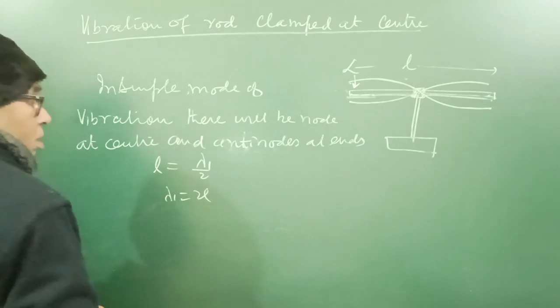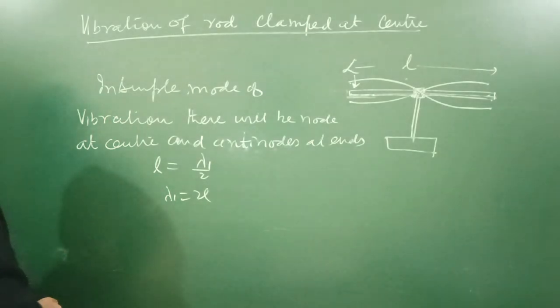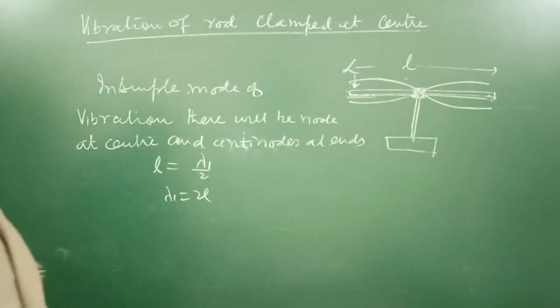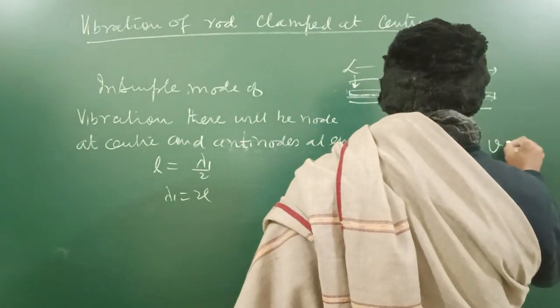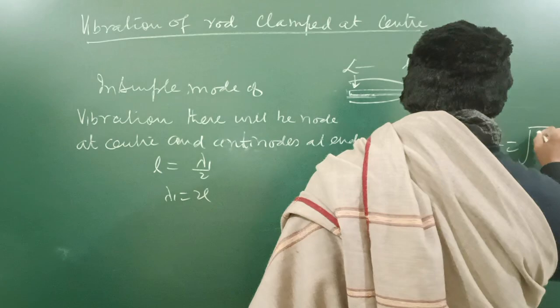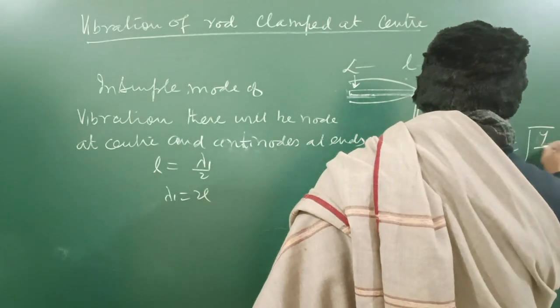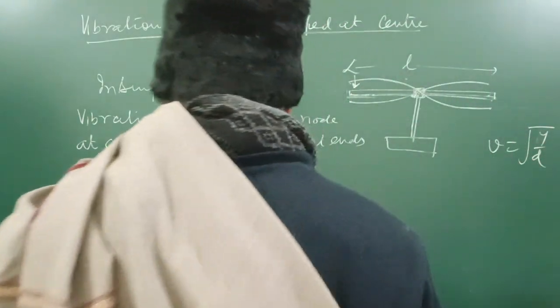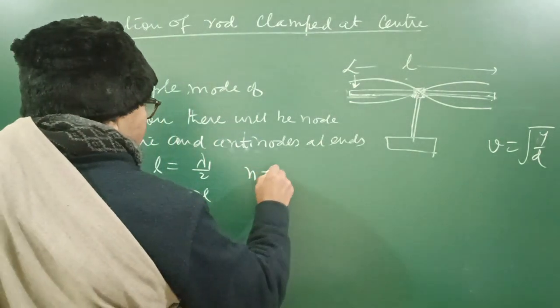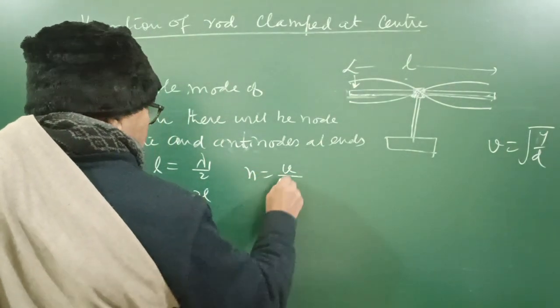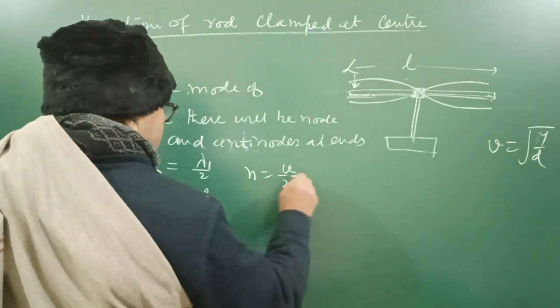And you can use the formula for velocity of longitudinal wave, so v equal to root of Y upon d. If you want to find the expression for frequency, n equals v by lambda, 2L.